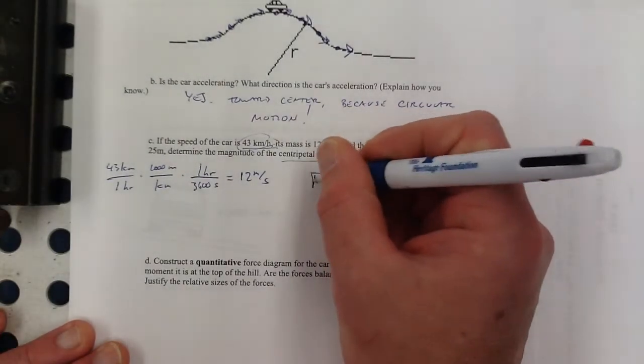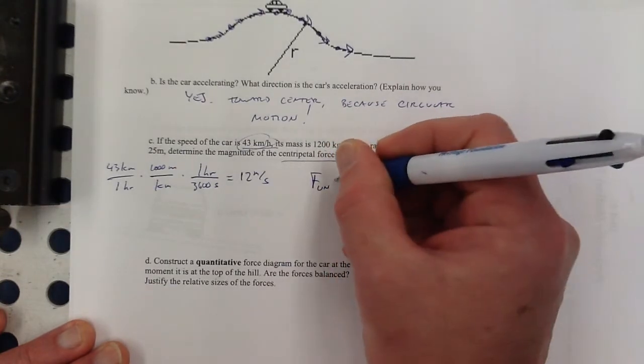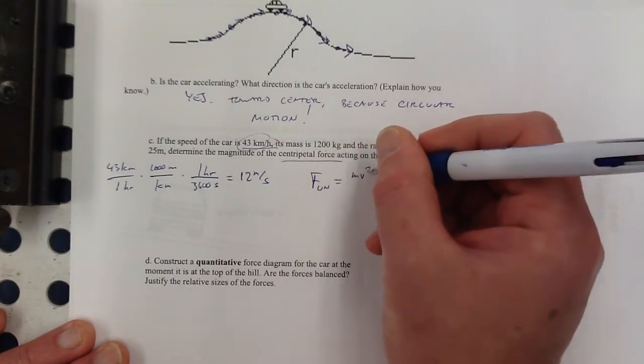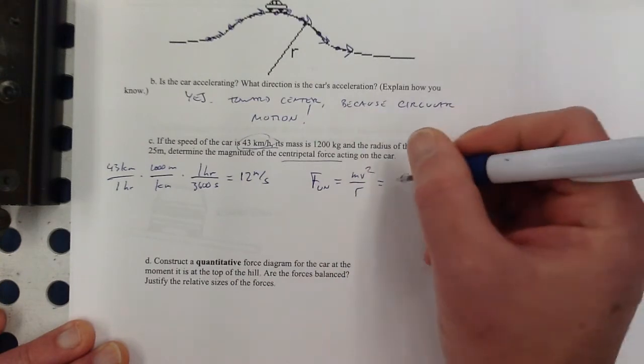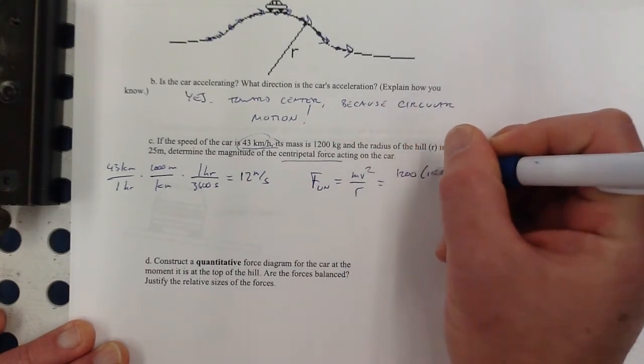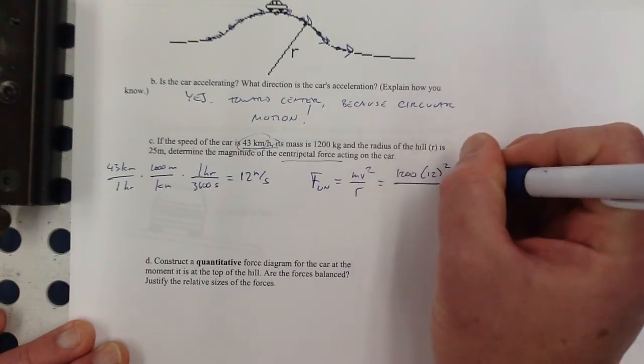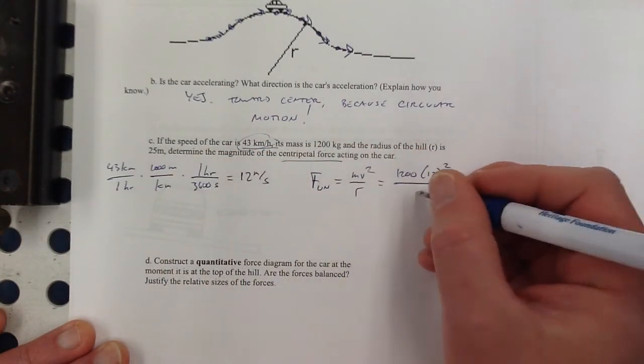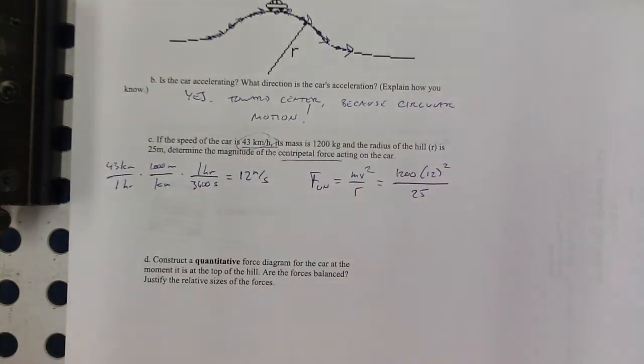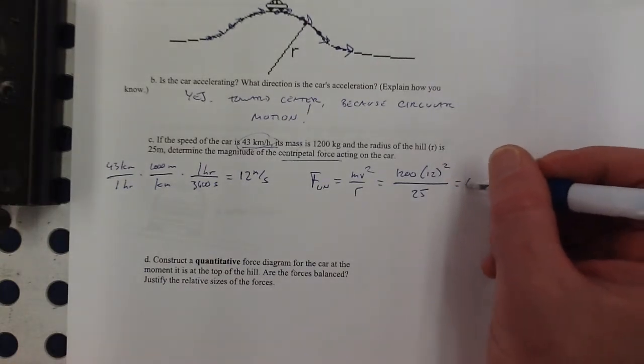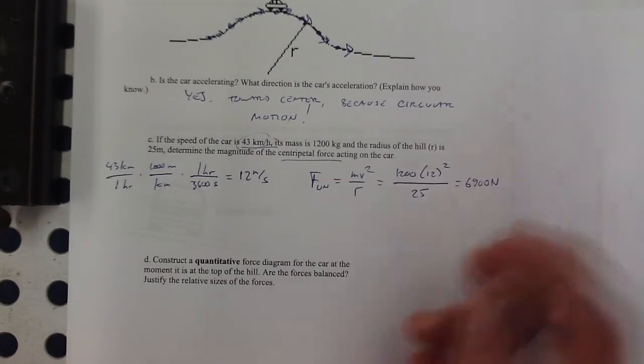So unbalanced force, when we have circular motion, is equal to mv squared over r. So it's about 6,900 newtons.